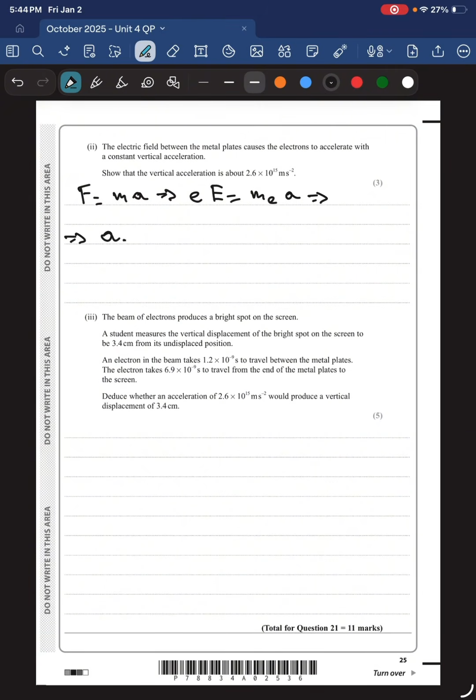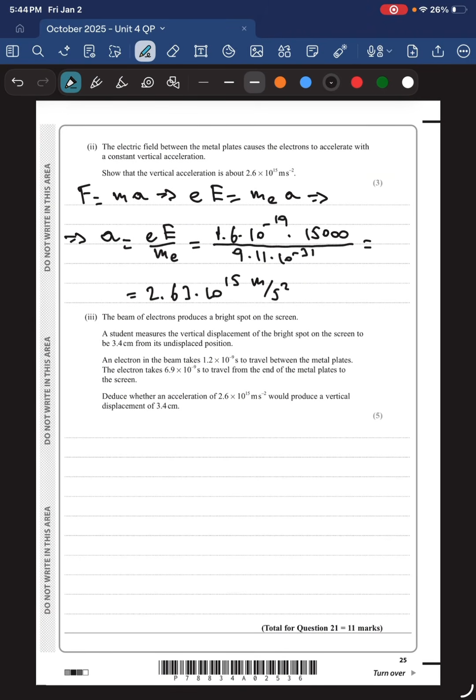So the acceleration is e times E over m e, which is equal to 1.6 times 10 to the negative 19 times 15,000 over 9.11 times 10 to the negative 31. If we carry on the calculations, we find 2.63 times 10 to the 15 meters per second squared.